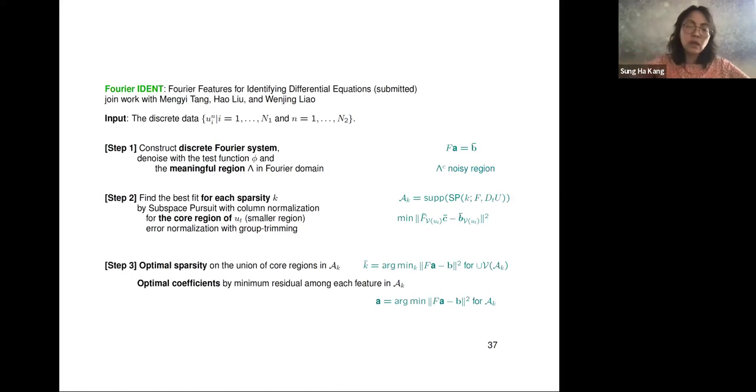Because of the magnitude difference, it is very challenging to do. So we started partitioning the domain to consider the meaningful region, and that really helped. Now we get the optimal sparsity by considering the union of this meaningful region, and then find the coefficient on that.